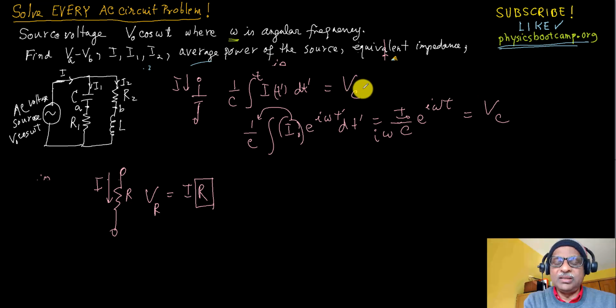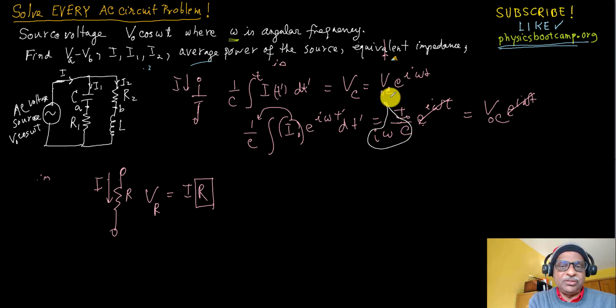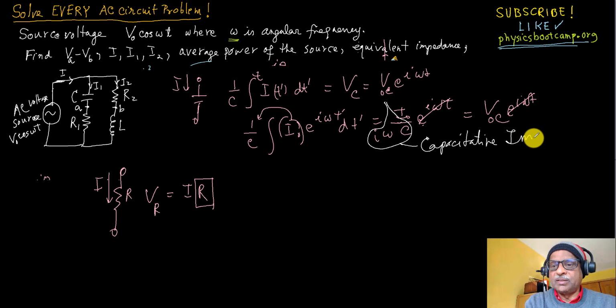So the voltage also goes as some V0 e to the power i omega t. You can see that e to the i omega t will cancel out, and this part here acts like a resistor. We call it the impedance of the capacitor, or capacitive impedance.